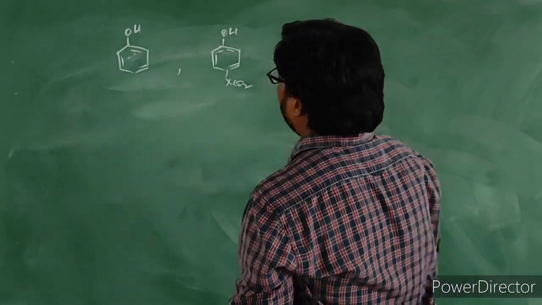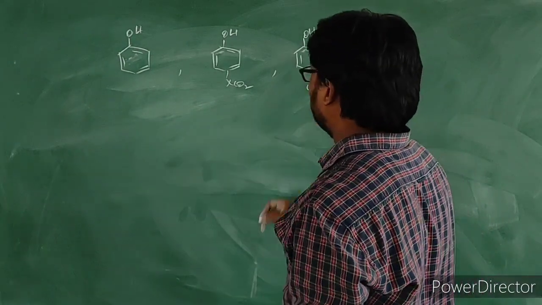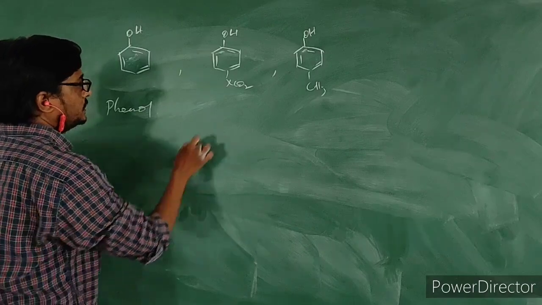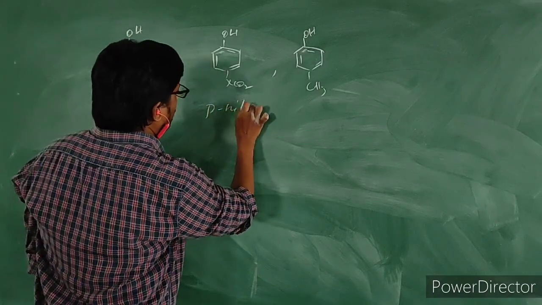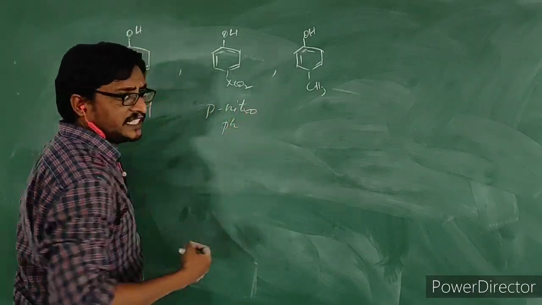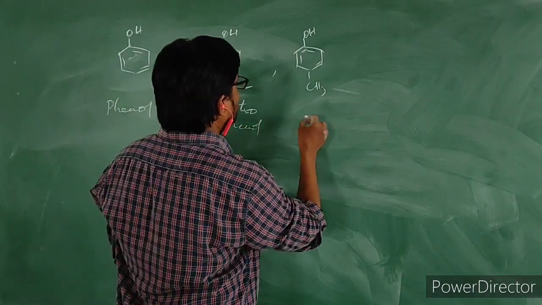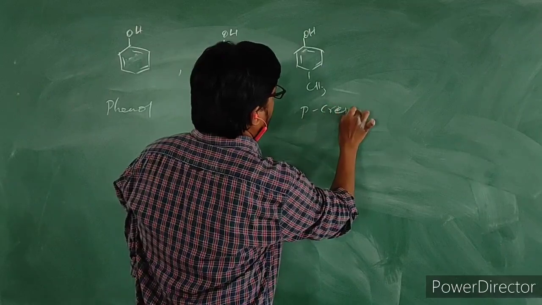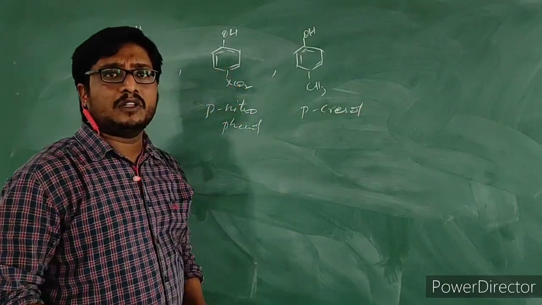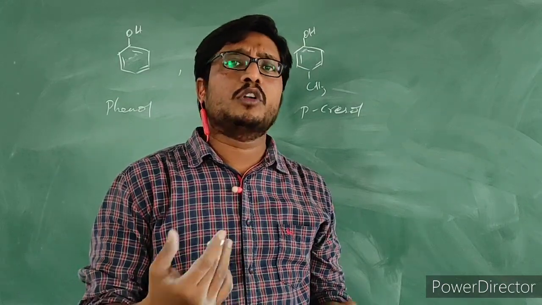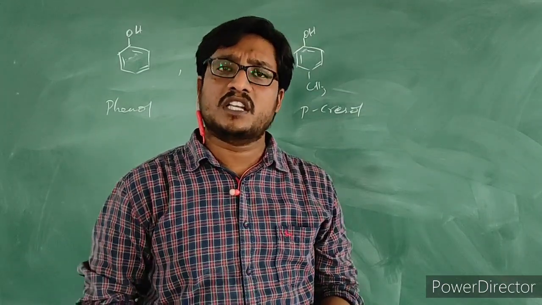This is para-nitrophenol, or you can say 4-nitrophenol also. This is paracresol. Cresol is nothing but, on the benzene ring, if OH and CH3 groups are present at ortho or meta or para, we generally call them cresols.